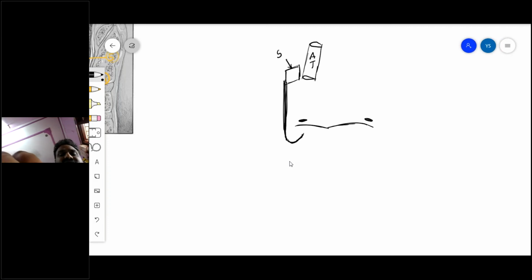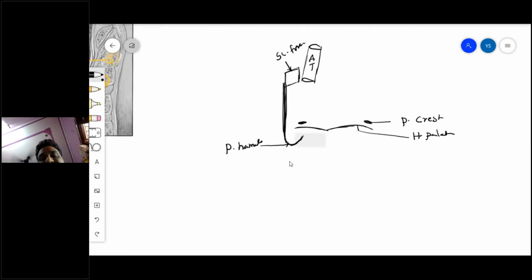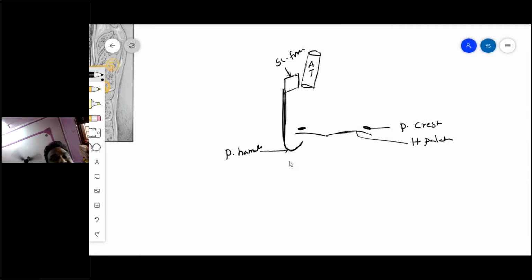Second one, scaphoid fossa. Number 3, pterygoid hamulus. Next, palatine crest, the posterior free margin of the hard palate. So these are the parts we can see at the norma basalis.